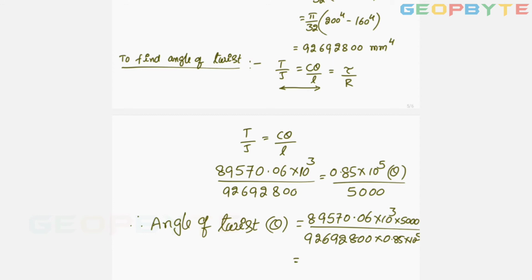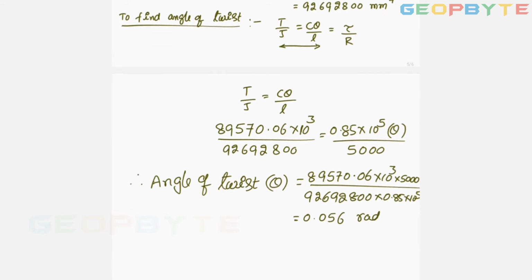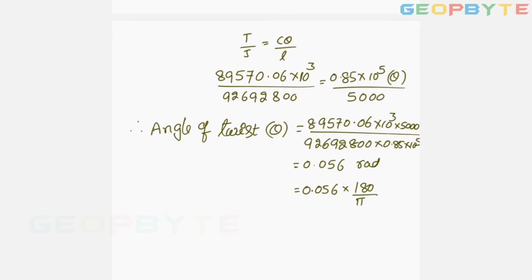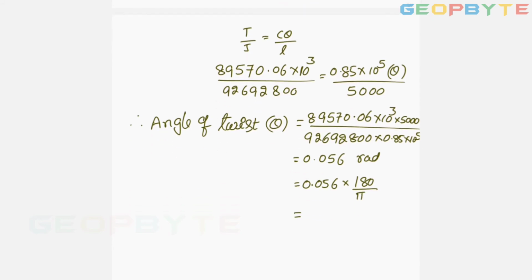Around 0.056 radians. 0.056 radians, that is the theta. For getting it in degrees, 0.056 into 180 by pi, it is equal to 3.29 degrees.